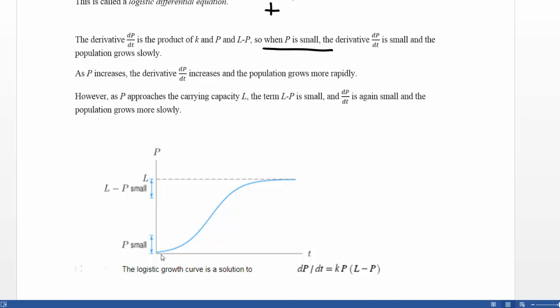So when P is small, we're growing slowly. So notice that the derivative here is small. If you were to draw on some tangent lines, they'd be pretty close to horizontal. And then in the middle is when we have rapid growth because P is increasing. So our derivative is going up. It's growing at a rapid rate. But then when we get closer and closer to L, we start slowing back down because our term (L minus P) is starting to decrease and therefore making our derivative small again.